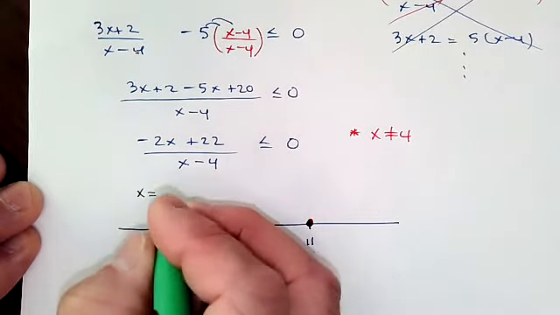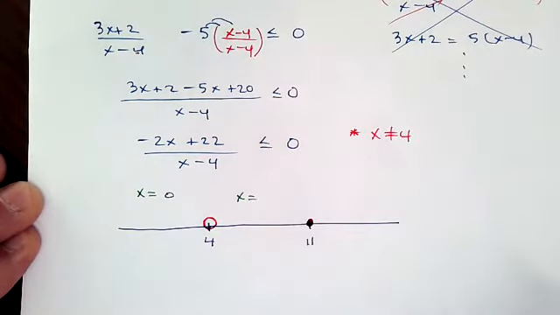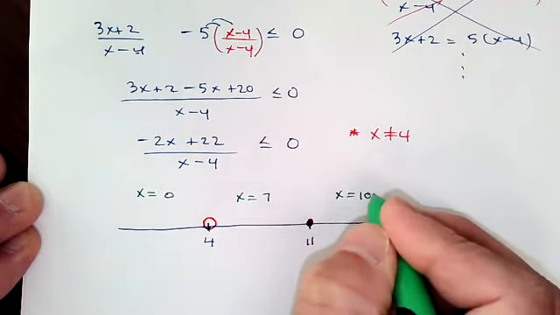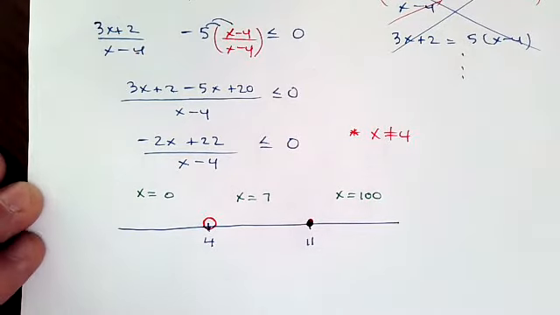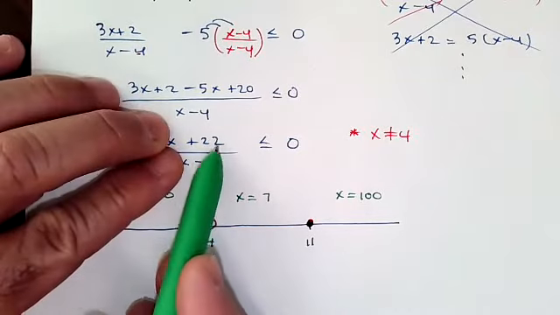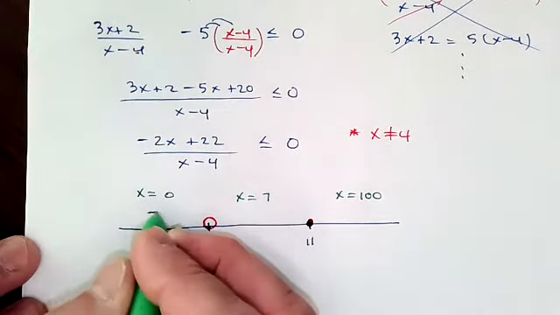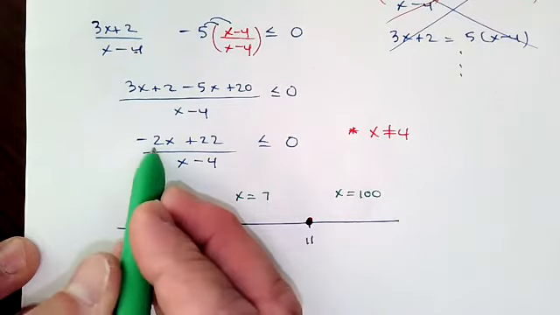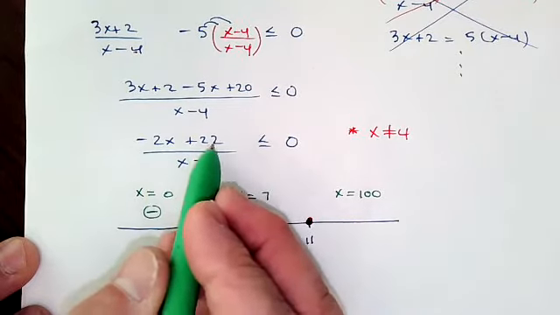Okay, we'll pick some test numbers. 7. How about 100? If x is 0, I get 22 over -4. That's negative. x is 7.